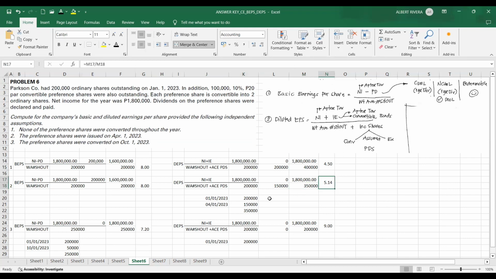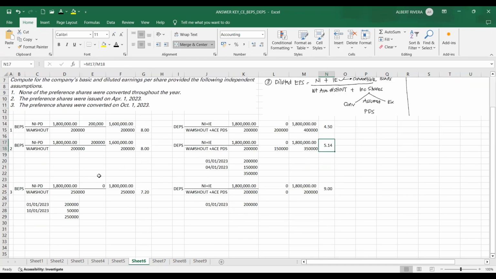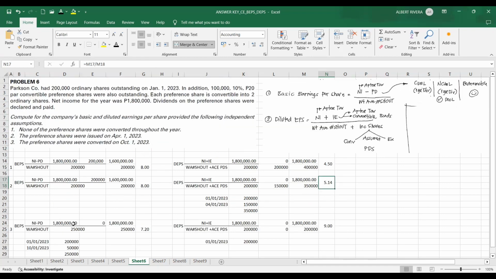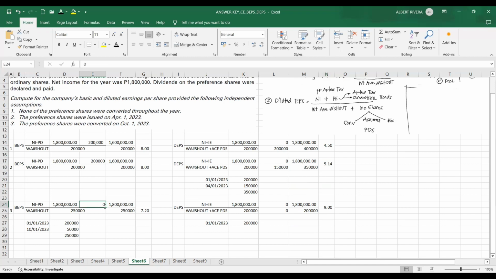How about for item 3? And item 3 class. The preference shares were converted on October 1, 2023. So there was then an actual conversion. Okay. So let's have here, ito, 1.8 million, meron dapat dito a 1-year dividend of 200,000.